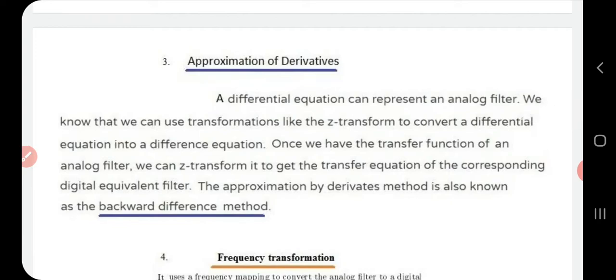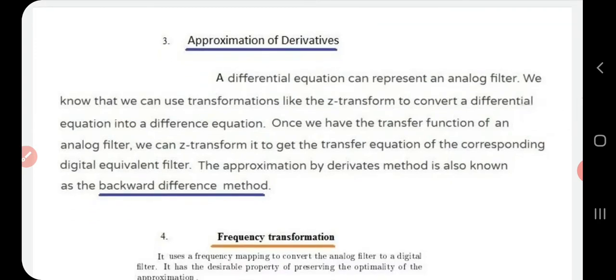Approximation of derivatives. Here, a differential equation can represent an analog filter. We know that we can use transformations like the Z transform to convert a differential equation into a difference equation. Once we have the transfer function of an analog filter, we can use the Z transform to get the transfer function of the corresponding digital filter.